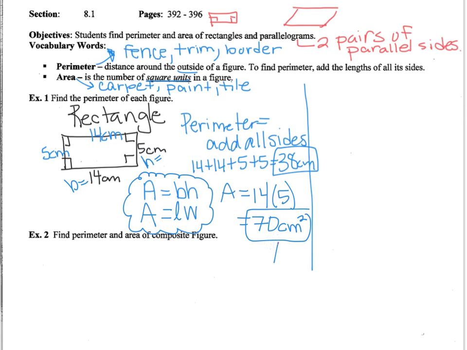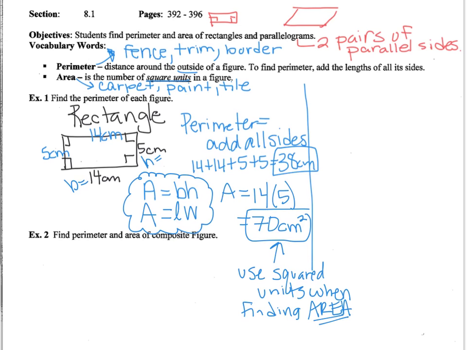Okay, so let's make sure we remember to use squared units when you're finding area. Okay, not perimeter. Perimeter is one-dimensional. You're just going around the outside.